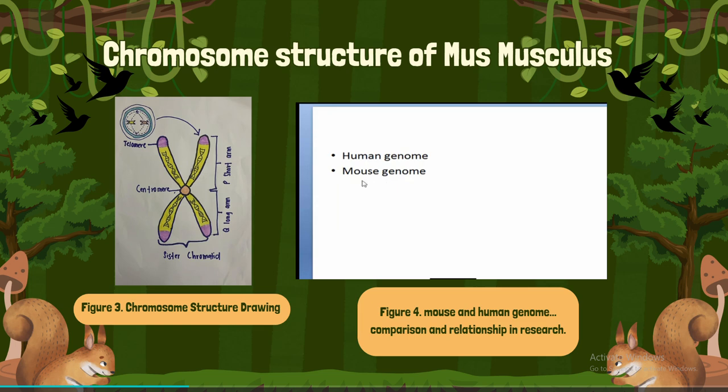So why is the mouse genome used instead of the human genome or other types of genomes? There are some specialties of the mouse genome, so that we can research with it and compare the results to the human genome.